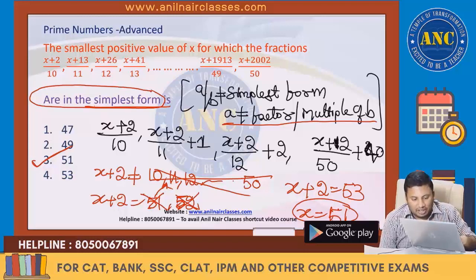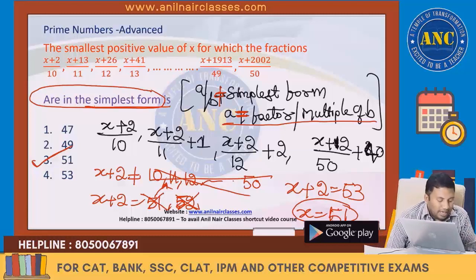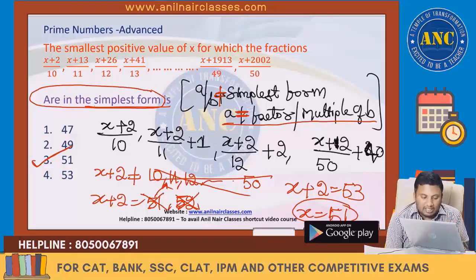A and B are not in a simplest form if A is a factor or a multiple of B. Because if x plus 2 is a factor of 10, it will not be in a simplest form. 10 to 50 out. 51, 52, 53. 51 came out from 3 and 17. 52 came out from 26. Remaining value is 51. I hope it is clear.